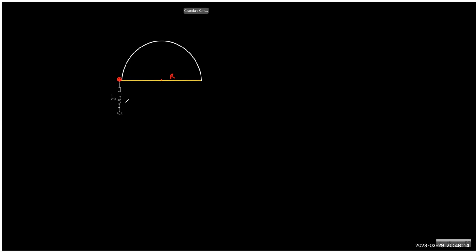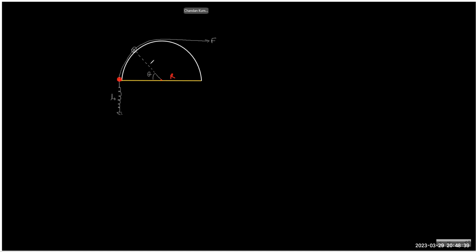Now I start pulling this ball, maybe using some thread. After some time, I see the ball here, making an angle theta.